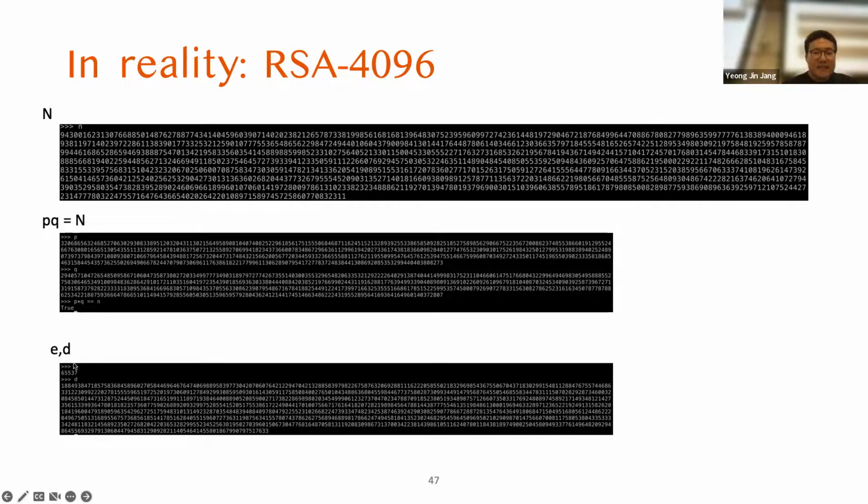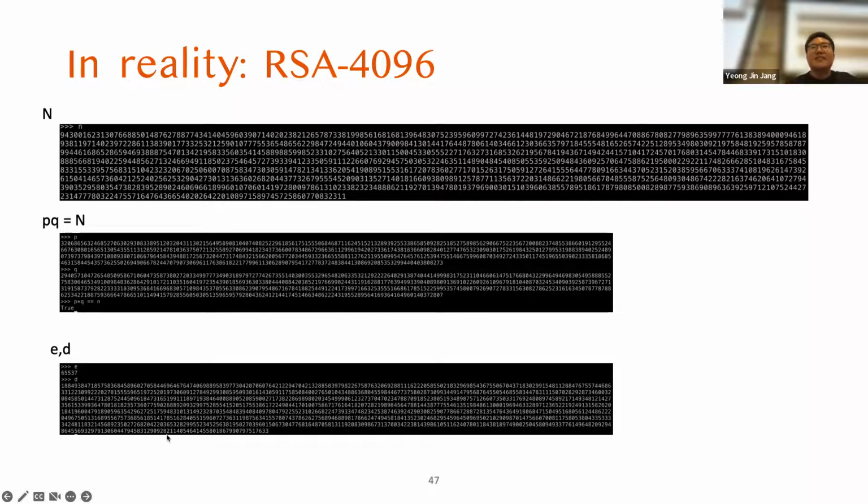And E is always 65537. I'm not sure you can read it or not. So the public exponent E is 65537. Then we need to make E multiplied by D be 1 in the modulus of (P minus 1) multiplied by (Q minus 1). So this is the D that we found.